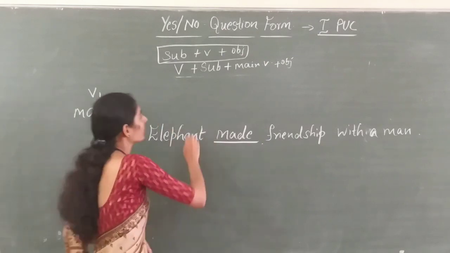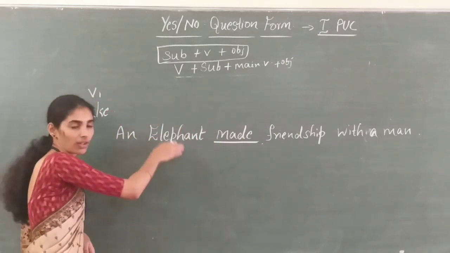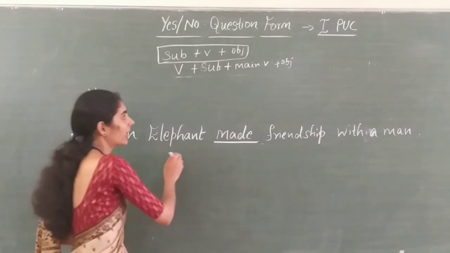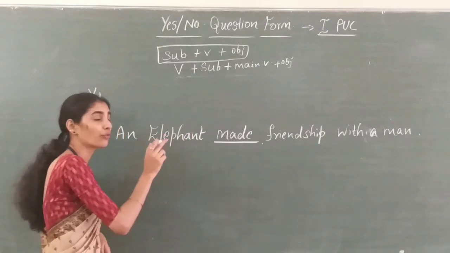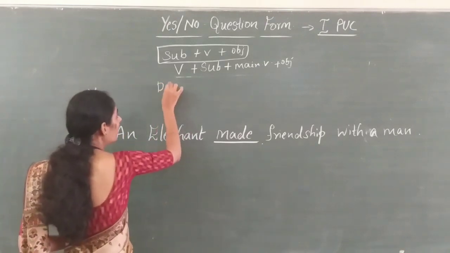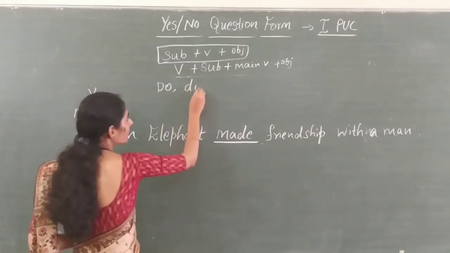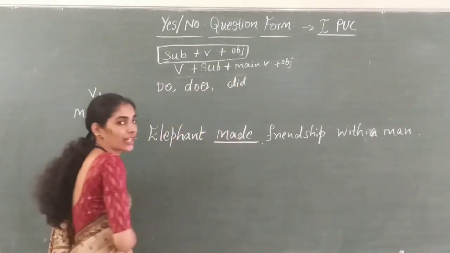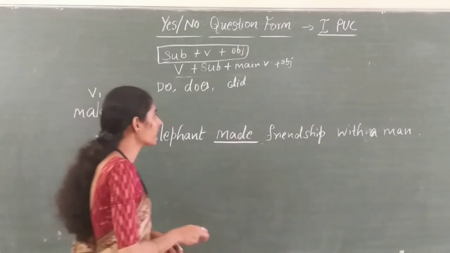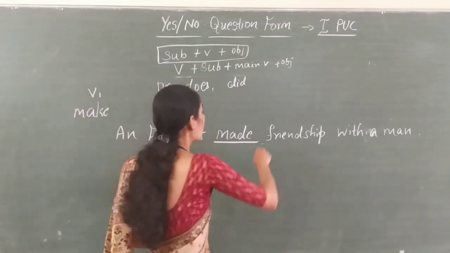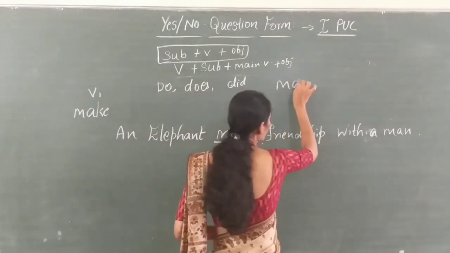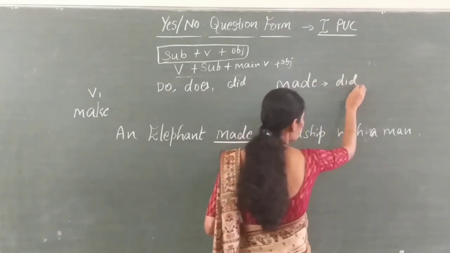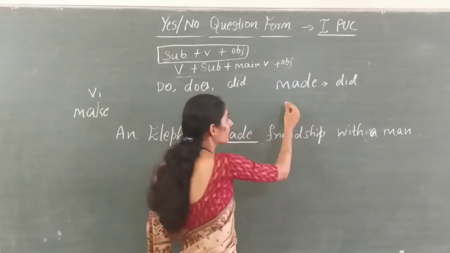So when the verb is in the past, or when the sentence is in the past, which is the right or appropriate do form? Now remember the do forms: do, does and did. I told you this while discussing WH question words. So when the verb is made, then it takes did because made is past tense.